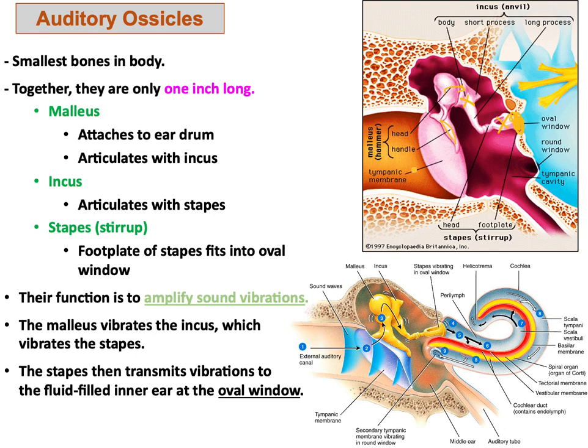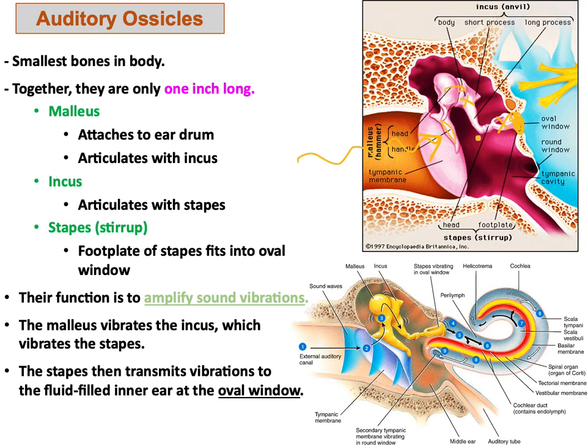So now, what's the function of these auditory ossicles? Indeed, what they do is amplify the sound vibrations and waves. When they come and vibrate the eardrum, they also amplify the sound vibration until it reaches the oval window.